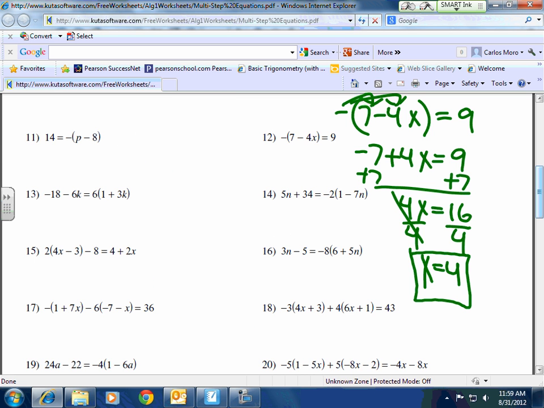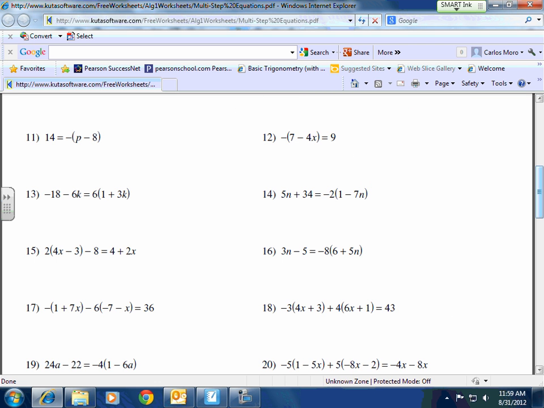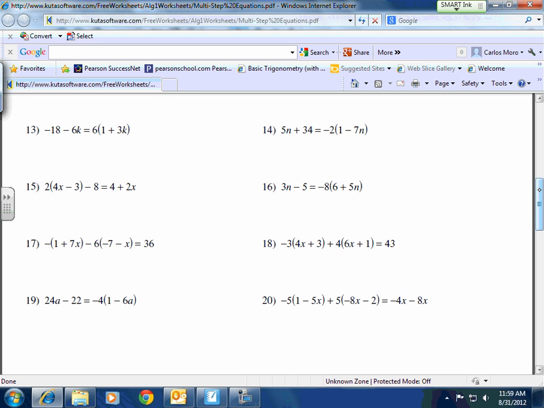Let's complicate things a little bit more now. All right. Number 13. I've got negative 18 minus 6k equals 6 times 1 plus 3k. Okay, first step, complete any distributive property.